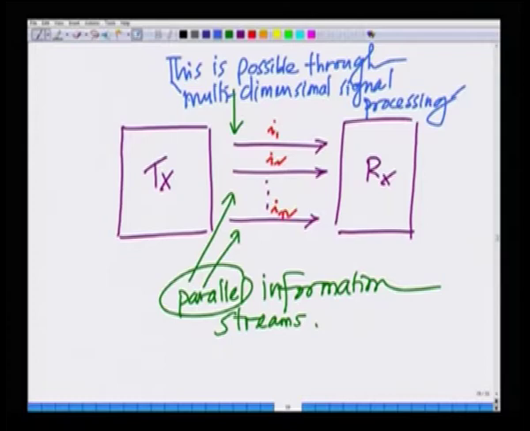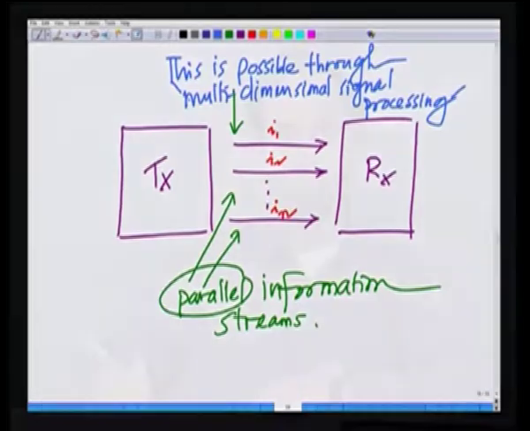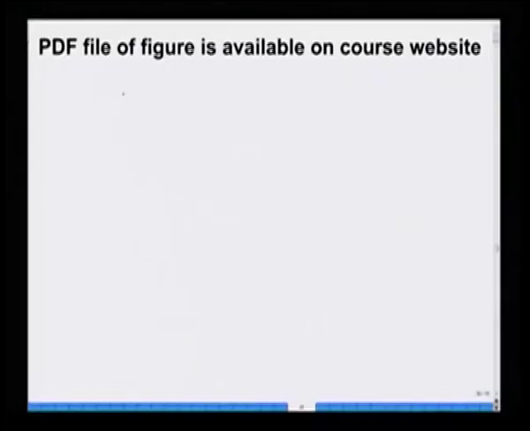In a MIMO system, I have T transmit antennas. So, I am transmitting T symbols from the T transmit antennas. Let me denote the symbol transmitted from the first transmit antenna as X1, the second transmit antenna as X2, and so on and so forth up to the Tth transmit antenna as XT.